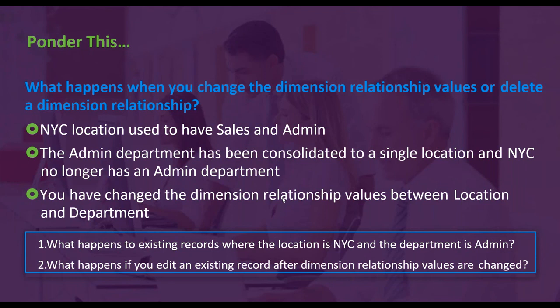They're going to be there, but it's not going to support any further functioning of that dimensional relationship because it doesn't exist in the database like that anymore. What happens if you edit an existing record after the relationship values have been changed? It's going to conform to the dimension relationship that's in place at the time of editing.